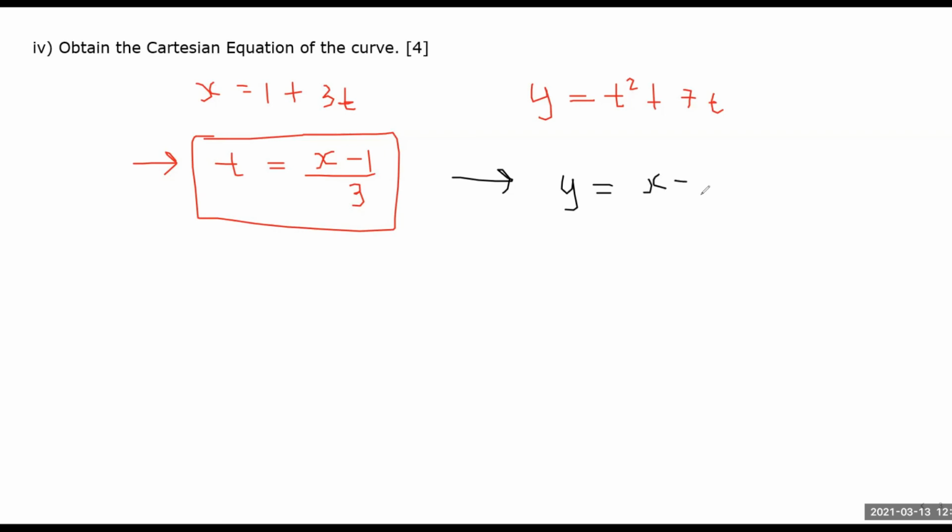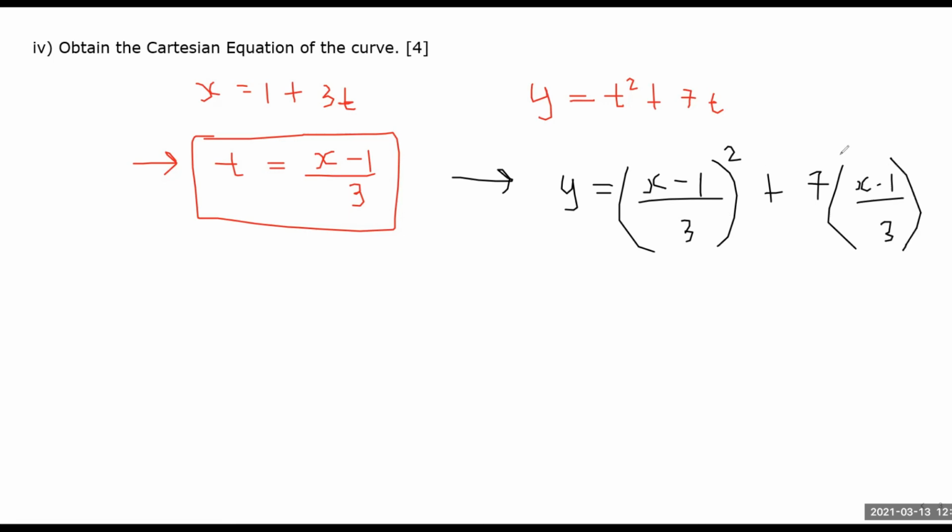So y is equal to ((x minus 1) over 3) squared plus 7 times (x minus 1) over 3. Now you may want to simplify this, but you don't have to. I am not going to, but this is what you get, and this is the Cartesian equation.